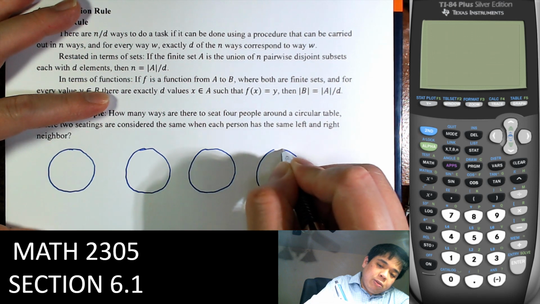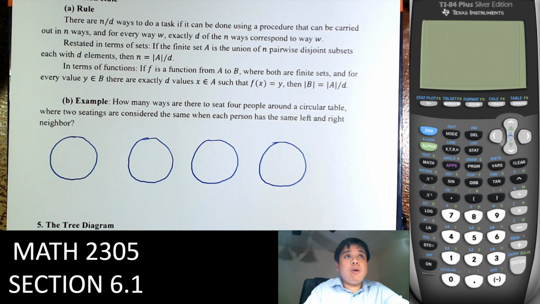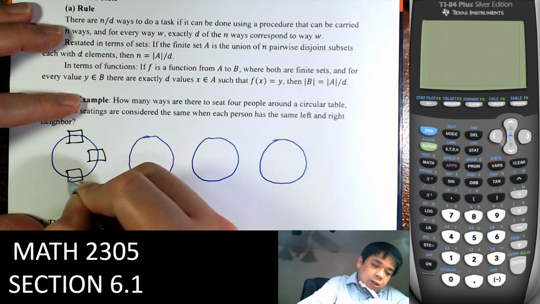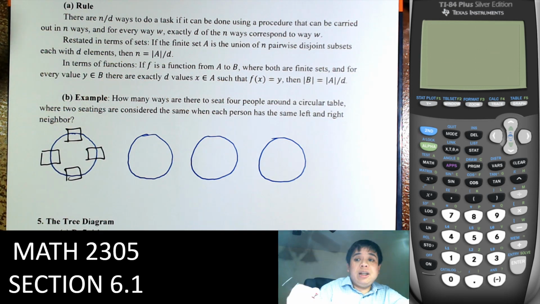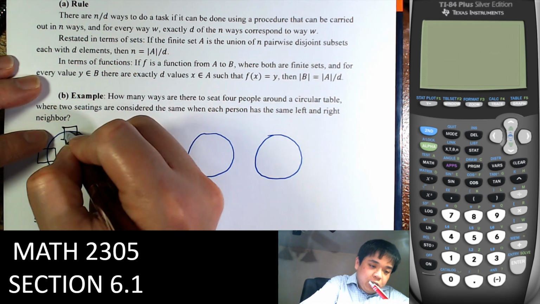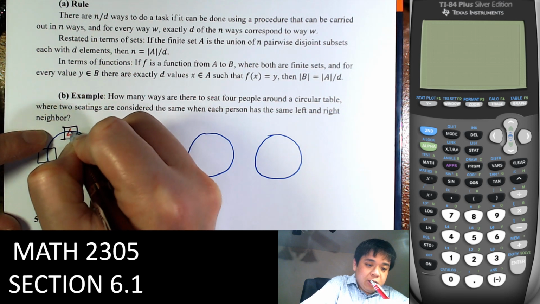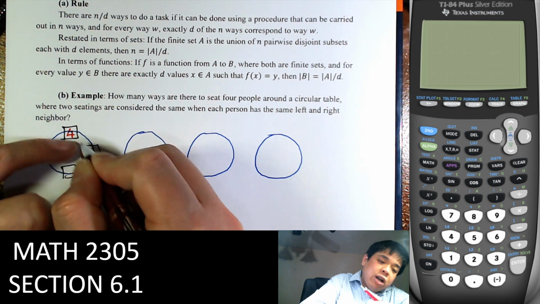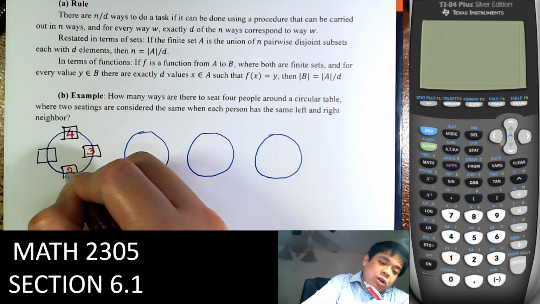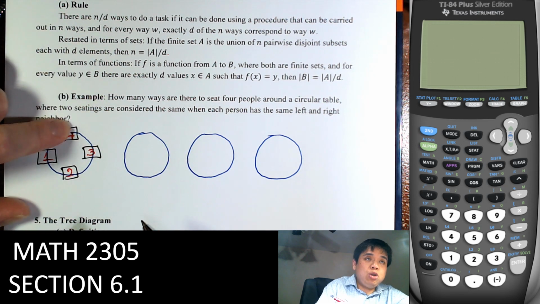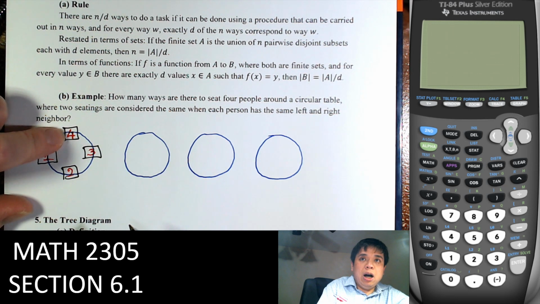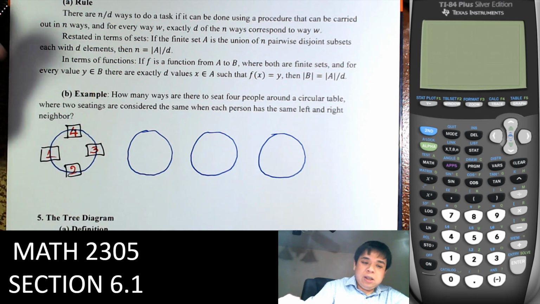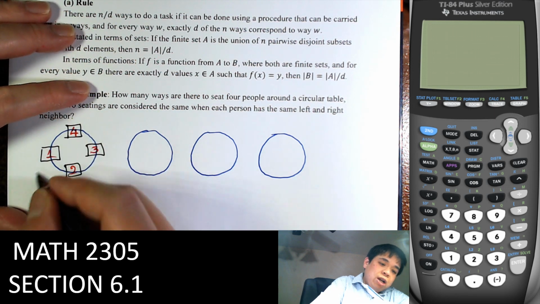Suppose on the table there are 4 positions. The first one, you can choose one of the 4 people. So there are 4. And the next one, excluding that person, there's 3 left. Excluding those 2, there's 2 left, and then 1. So 4 options, then 3 on the next one, 2, and then 1. So 1 times 2 times 3 times 4, that's 24.